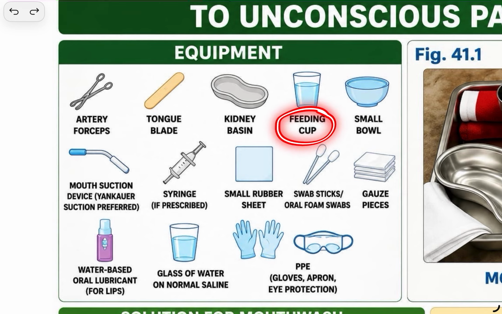And a feeding cup is needed only if you want to gargle, if the patient is semi-conscious. If the patient is conscious, you can give oral cup feeding. Are you understanding? But in the unconscious patient, you can't give the feeding cup.